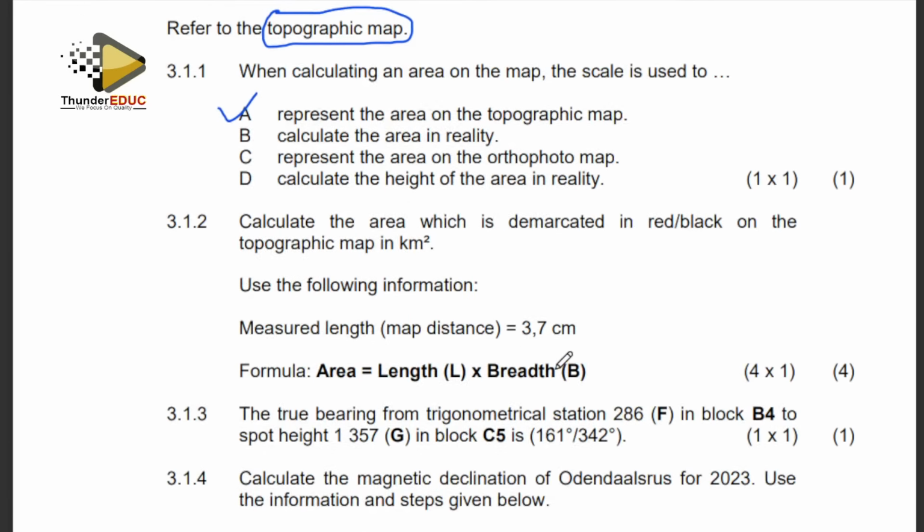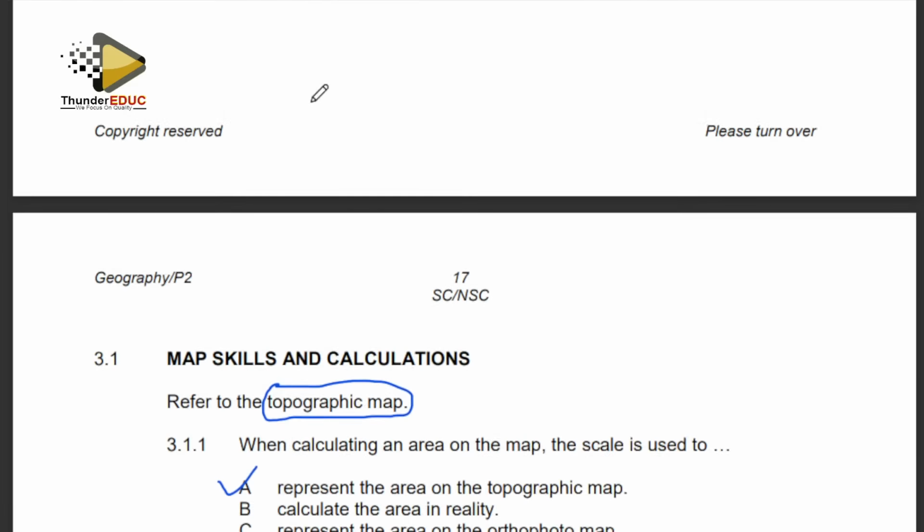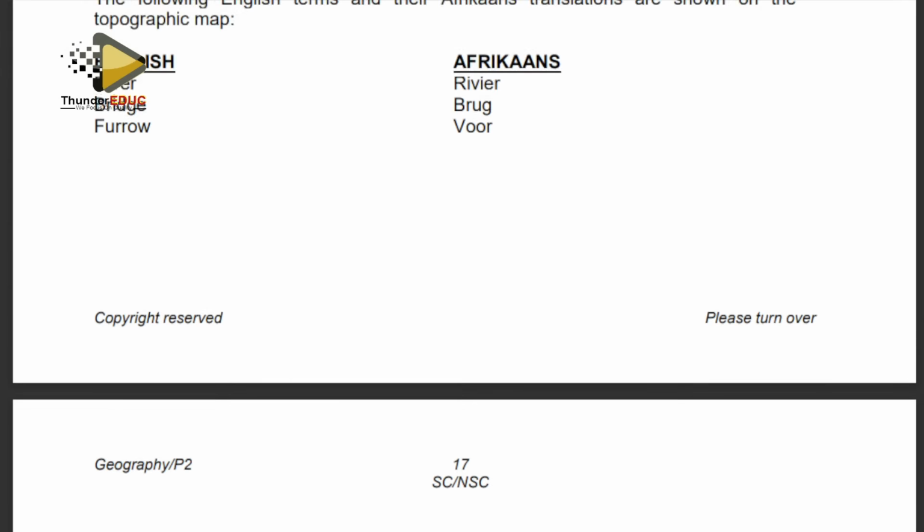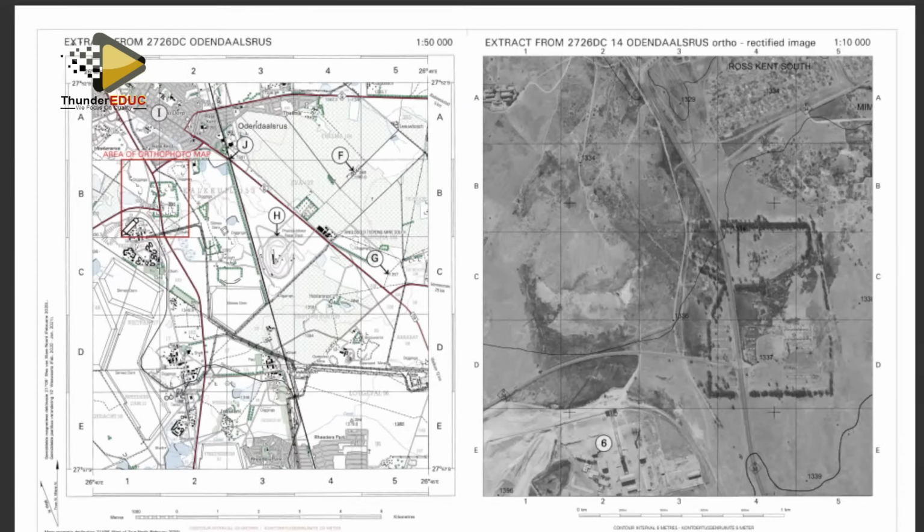So the length is there. What do we need to look for? We need to look for the breadth. On calculating this area, we shall get the breadth. From here to here, we shall measure with a ruler.